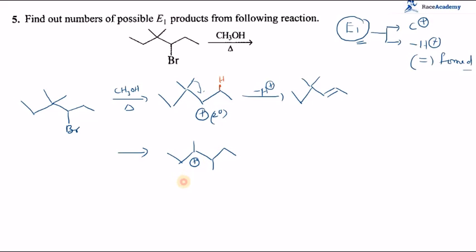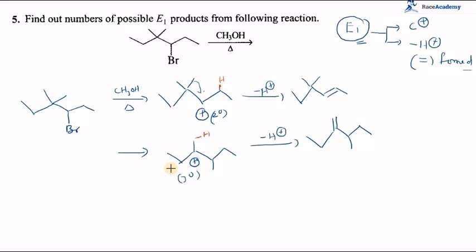So this is a tertiary carbocation which is stable and which produces different kinds of products. Suppose if this tertiary carbocation loses hydrogen here, then it produces an alkene like this. So this is an alkene. The possibility is there.